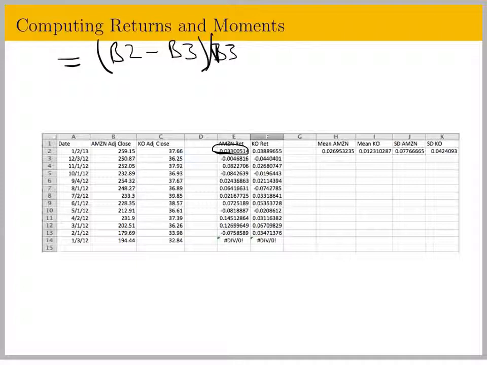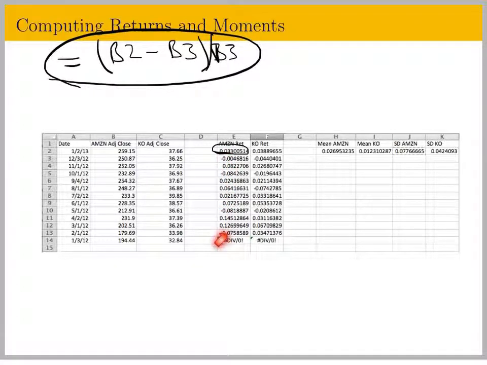And then once I've written that equation into cell E2, I can copy and paste all the way down this column, and it will automatically compute those same returns using the same formula.